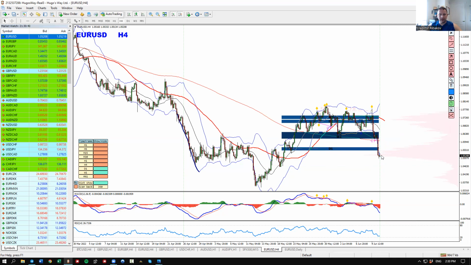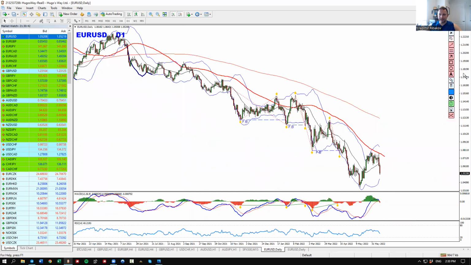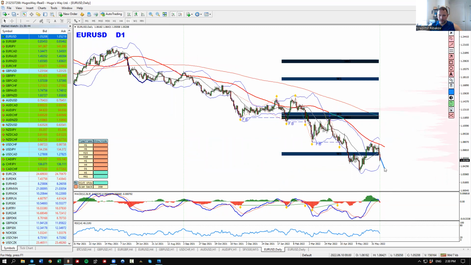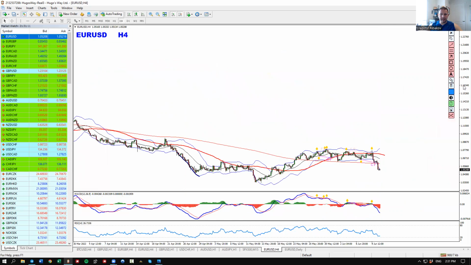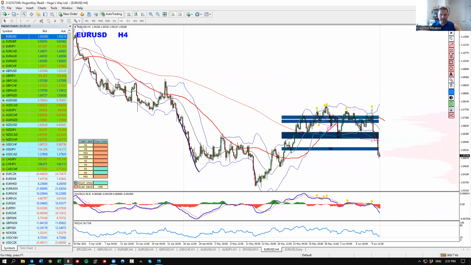But if it simply goes below that, then there is no doubt we are going to see a new low coming into play until the next bullish divergence recreates, like for all the other pairs, the Aussie dollar, Kiwi dollar, and pound dollar we saw before. So the same might happen with the euro dollar. Pay attention to that, and again, keep the levels in mind.